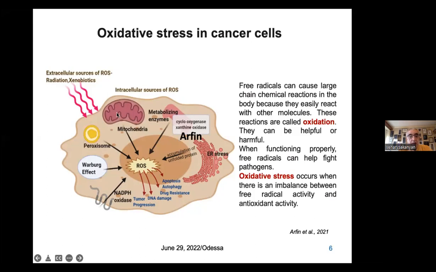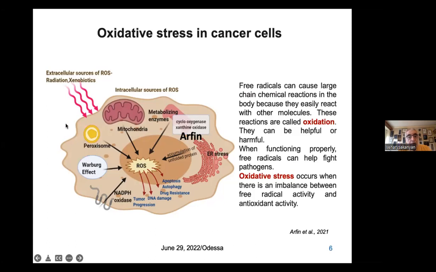It can be related to the activity of the mitochondria, or the peroxisome, or it can be related, during hypoxia for example, to the so-called Warburg effect, and also nicotinamide adenine dinucleotide phosphate oxidase, which is usually located in the cytoplasm, and other structures in the cells.